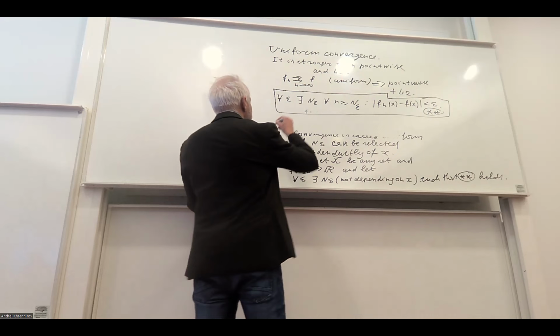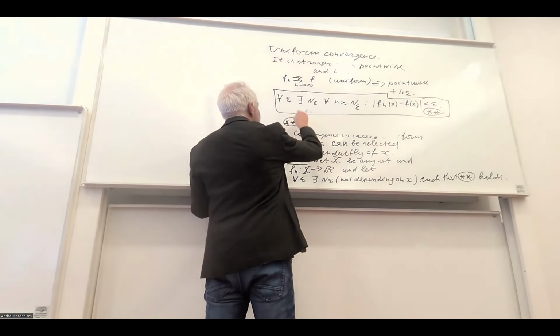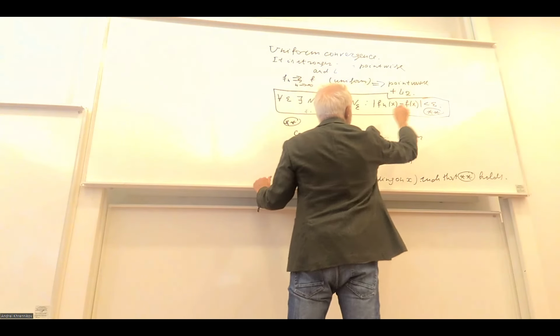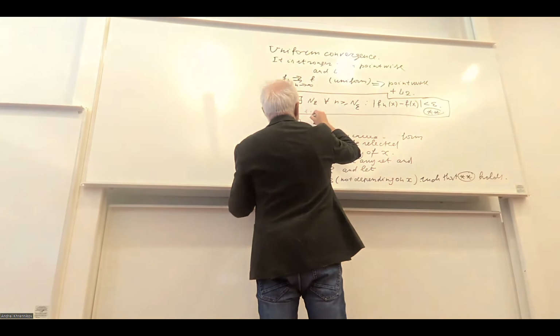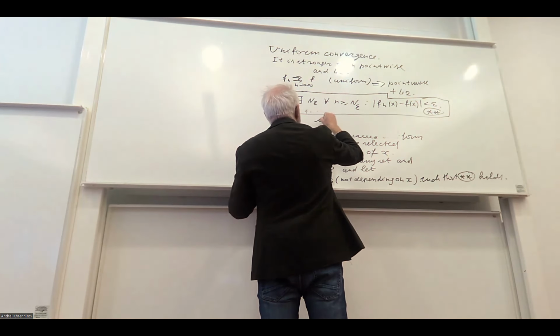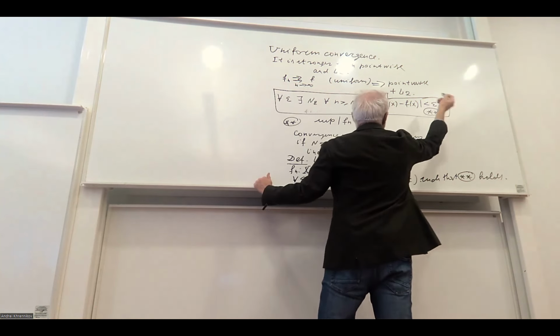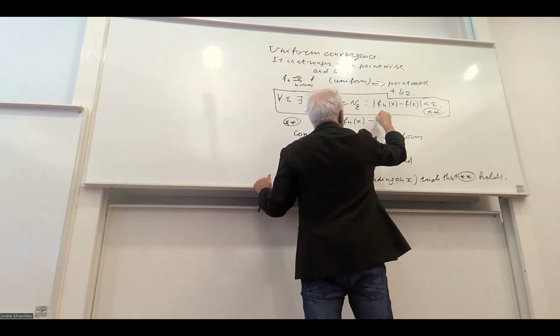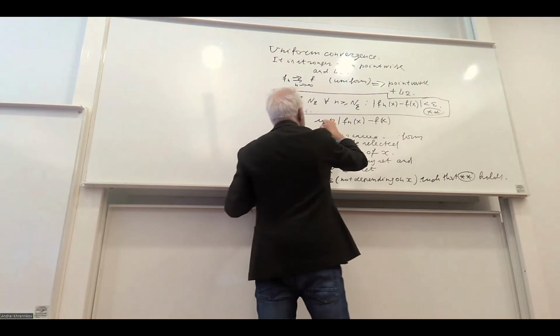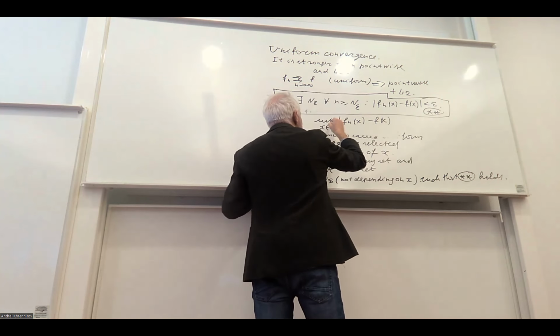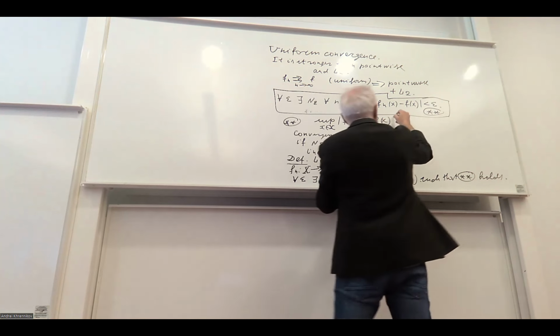We can rewrite two stars. Since this is for any x, we can take here the supremum. So we can write the supremum of fn(x) minus f(x) with respect to all x in X, and this should go to 0.